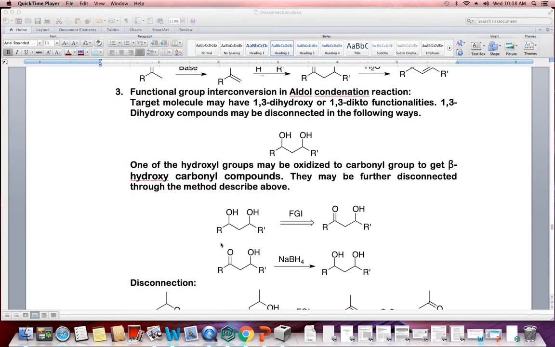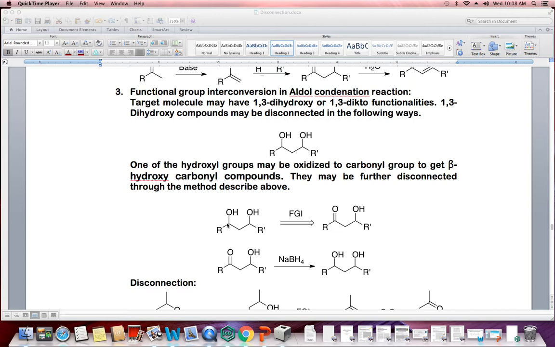For example, we have a 1,3 dihydroxy compound, and we do functional group interconversion through reduction and convert one of the hydroxyl functionalities into a carbonyl compound.